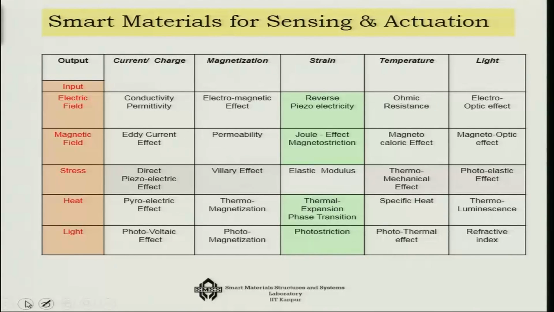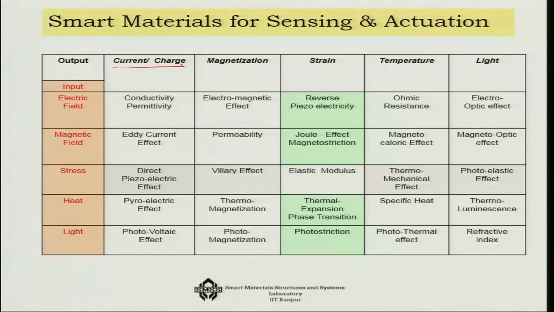Now, if I summarize all these smart materials from the sensing and actuation point of view, we get this beautiful matrix. On this matrix, the columns are outputs: current, charge, magnetization, strain, temperature, light. And the inputs are electric field, magnetic field, stress, heat and light.